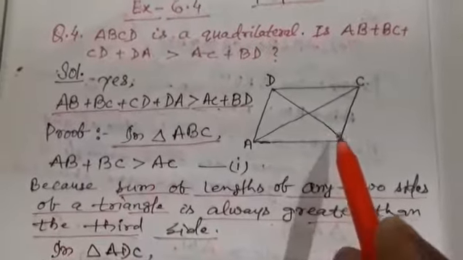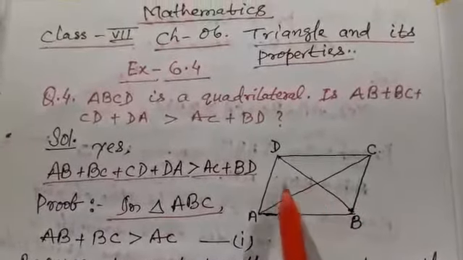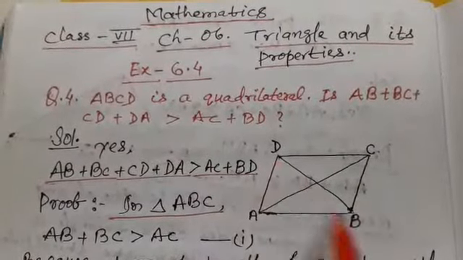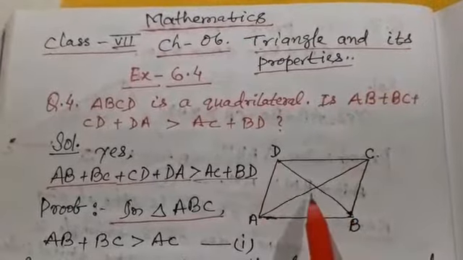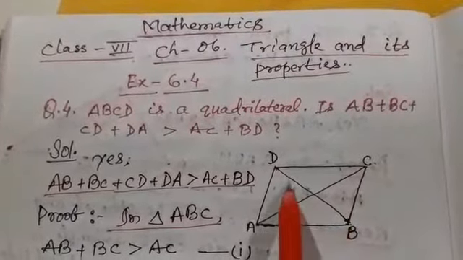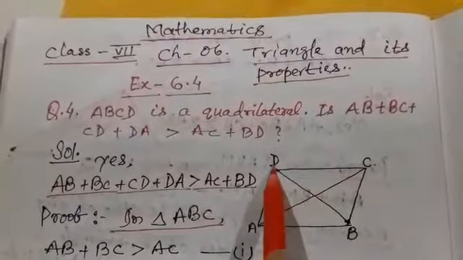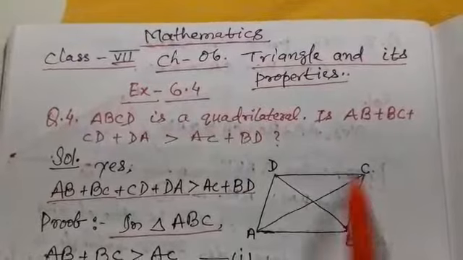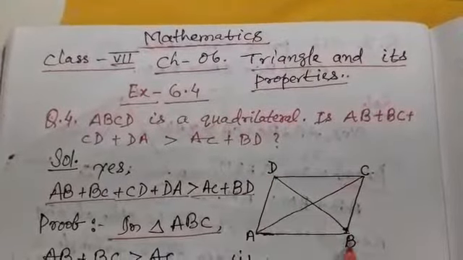Now we see other triangles that are formed by drawing these two lines, that is, diagonals of this quadrilateral. Now we take triangle BCD. In this triangle, the sum of BC and CD is greater than BD.